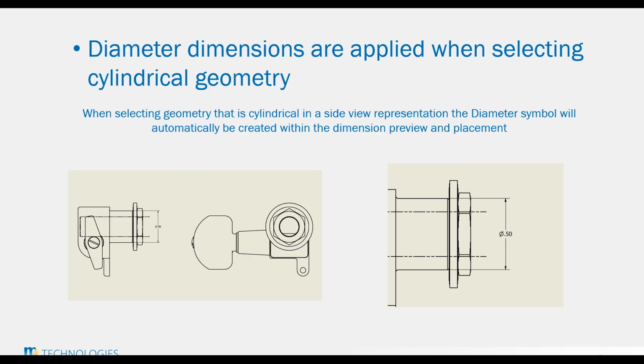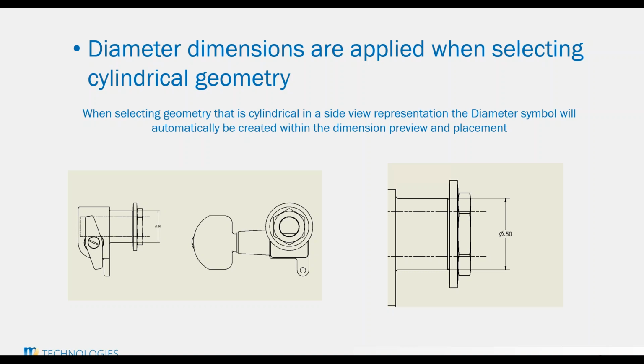The other one that I want to talk about here allows for the need not to create a separate style that has a diameter symbol already preset. So in the past, if you were to have a view that was a cylindrical object and on a side view, you would, in better terms, see a rectangle.